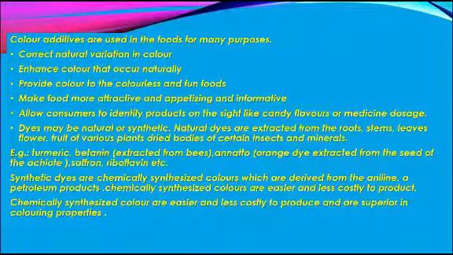Color additives are used in foods for many purposes. To correct natural variation in the color, such as if we have an orange drink, it is not completely orange. We see somewhat yellowish orange in color. So to correct that, the orange dye is added to get completely orange in color.